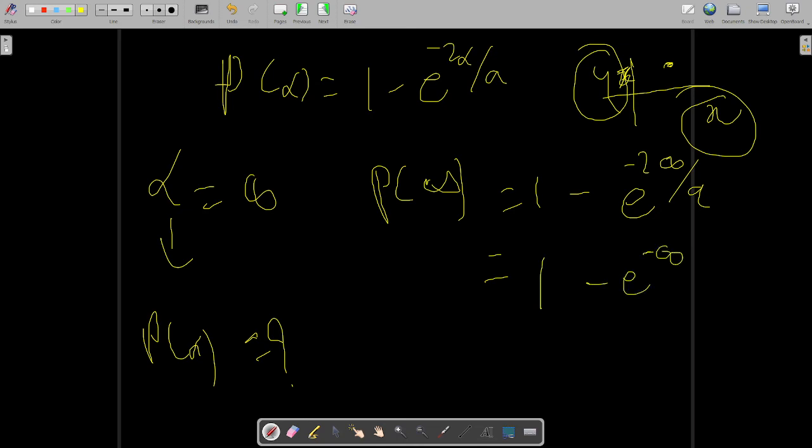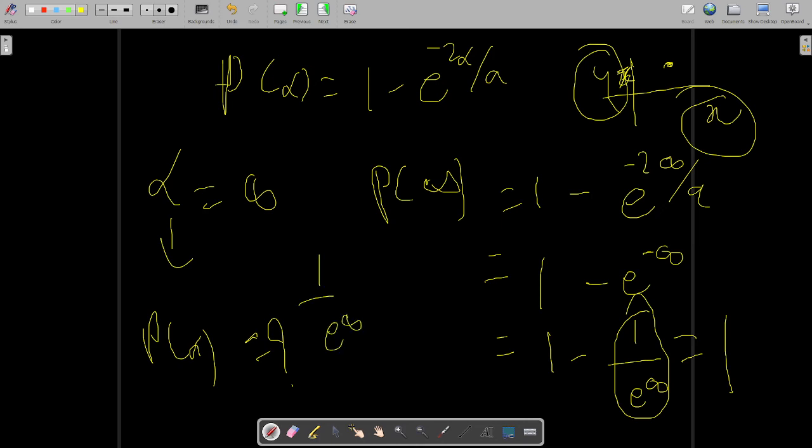So it will become minus infinity, and then this term is equal to 0, because 1 upon e to the power infinity is 1 upon infinity, which is 0. So this thing has become 1.